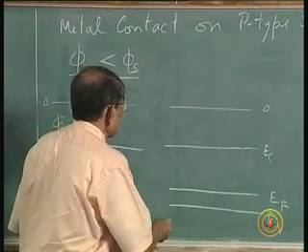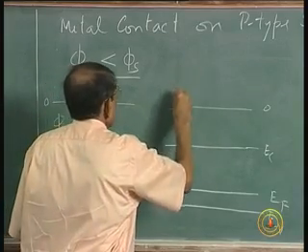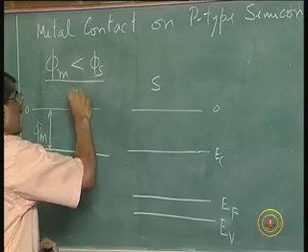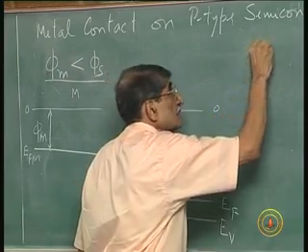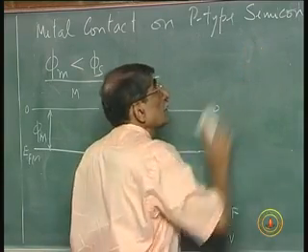Now, let us see what would happen. This is the semiconductor, this is the metal. I bring them together at thermal equilibrium.